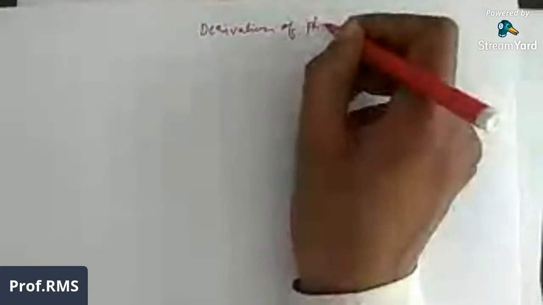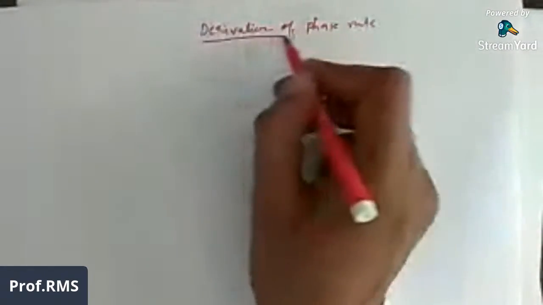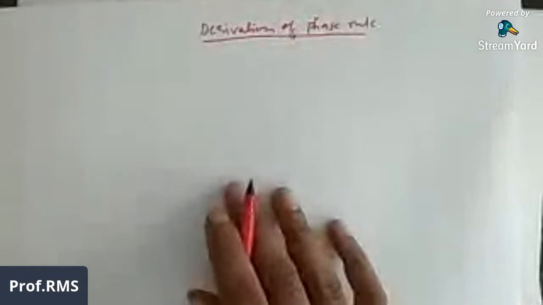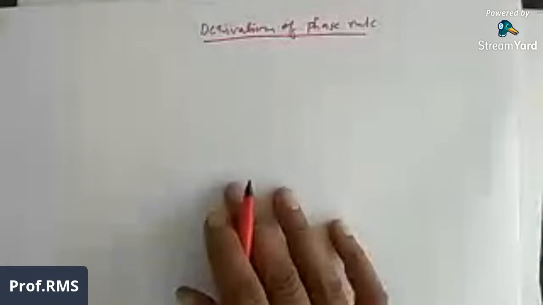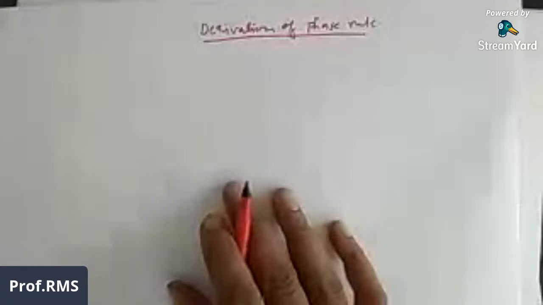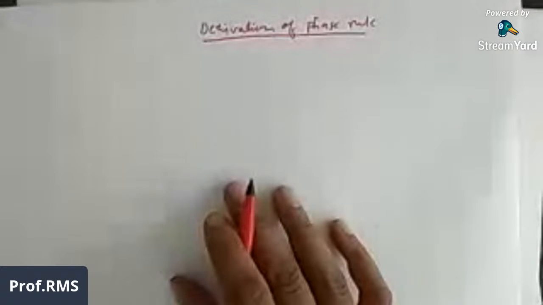Derivation of phase rule. The first condition required to derive the phase rule is to determine the composition of each phase. In the previous lecture, we discussed how to determine the composition of each phase using the components.